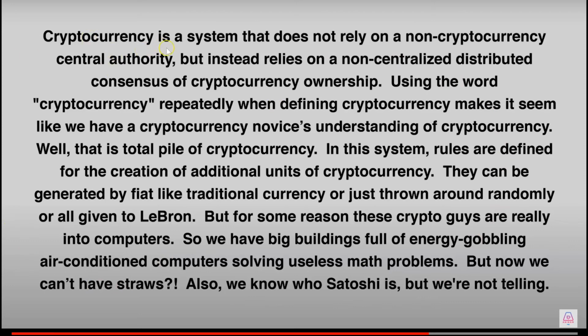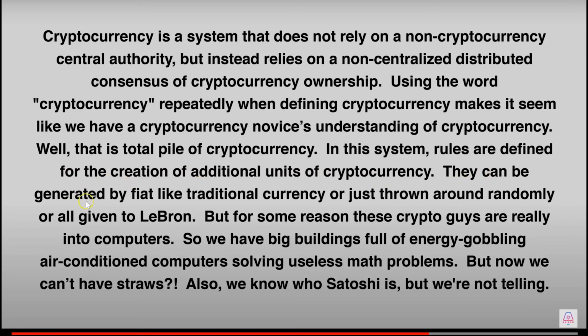So cryptocurrency is a system that does not rely on a non-cryptocurrency central authority, but instead relies on a non-centralized distributed consensus of cryptocurrency ownership. And then it goes on saying, using the word cryptocurrency repeatedly when defining cryptocurrency makes it seem like we have a cryptocurrency novice's understanding of cryptocurrency. Well, that is total pile of cryptocurrency. In this system, rules are defined for the creation of additional units of cryptocurrency.